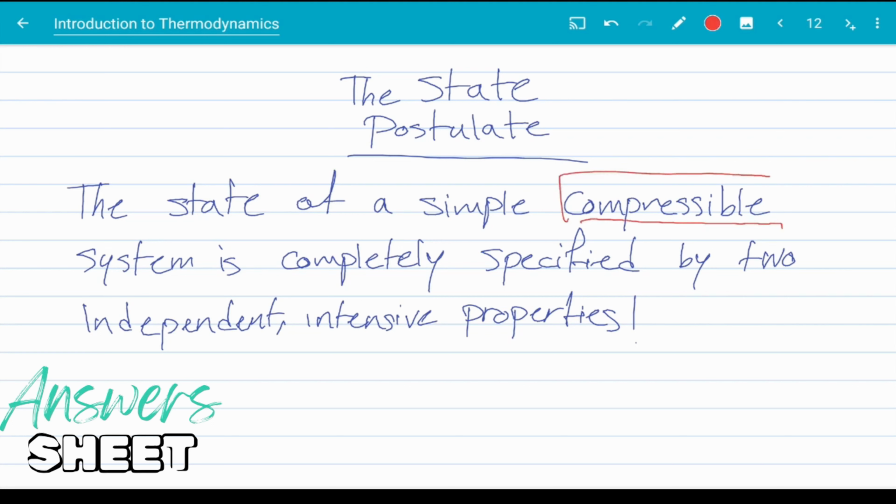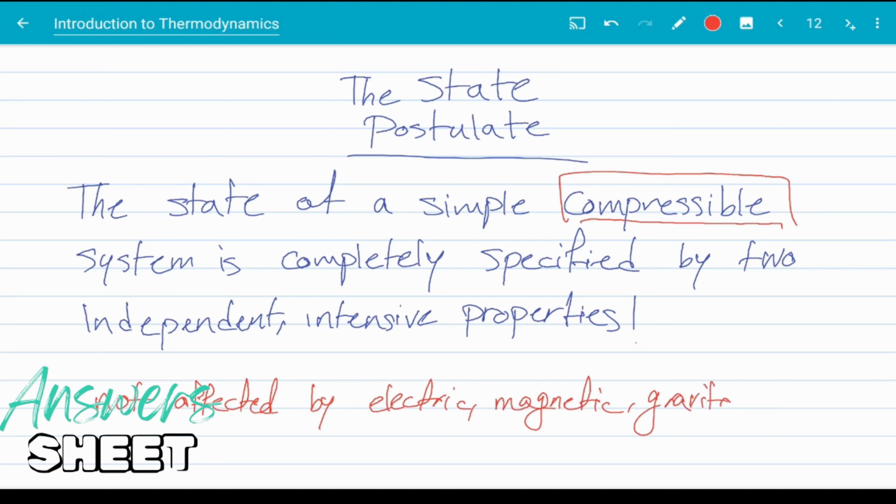First, what is a compressible system? A system that is not affected by any outside force fields, such as electric, magnetic, or gravitational, and so on, is a compressible system. For such systems, if we know the value of just two independent and intensive properties, we can find the state of the system and all other properties of that system.